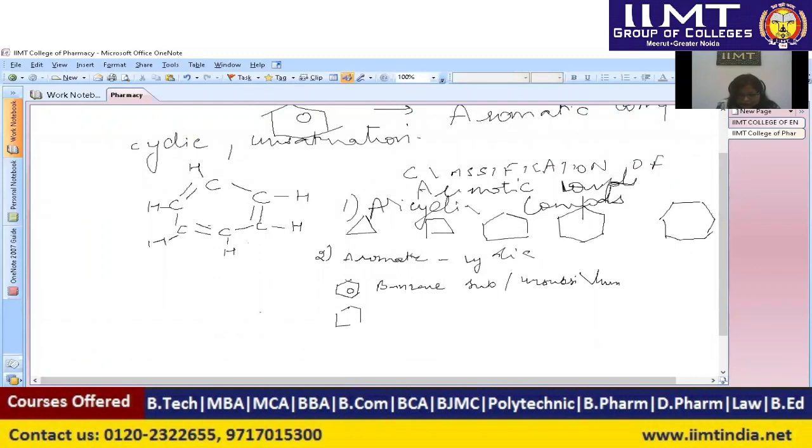Like we have the system here, where one aromatic ring system is fused to the other ring system, which may be, as I have drawn here, a 6-membered ring system. This can be a 5-membered with a 6-membered, 6-membered with a 5-membered, and so on. This can again be substituted or unsubstituted.